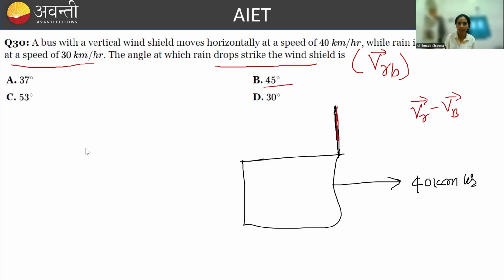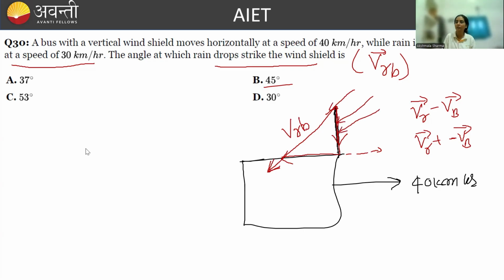Velocity of rain is falling in this direction, and velocity of bus with a minus sign is in this sense. So VR minus VB means VR plus of minus VB. So minus VB in this sense. If you add these two, it will give you this. So this is the velocity of rain with respect to the bus. So at this angle, it will strike the windshield.